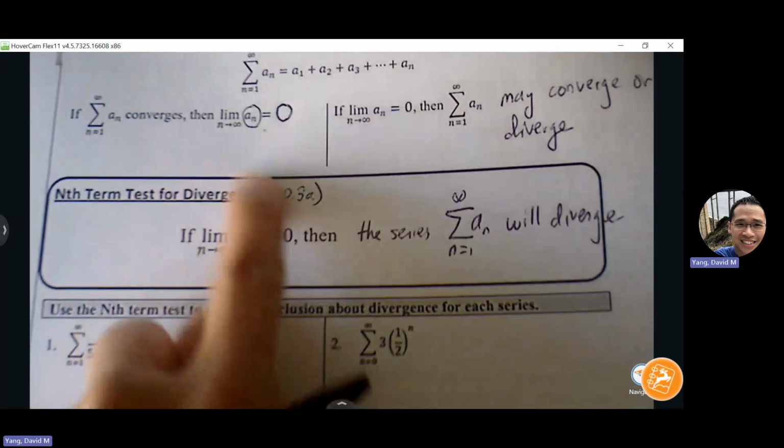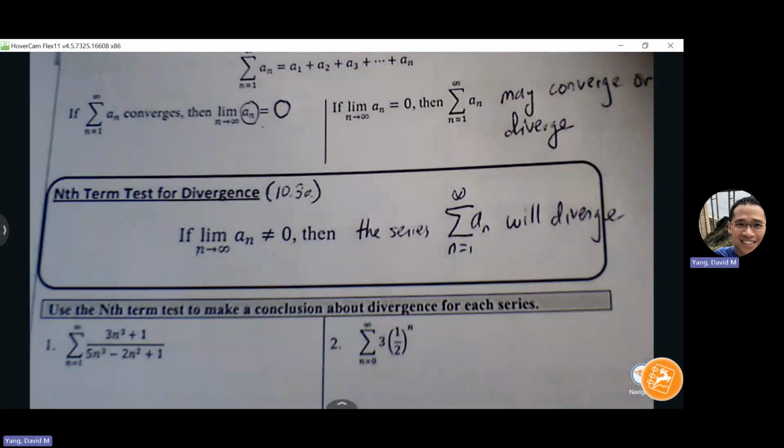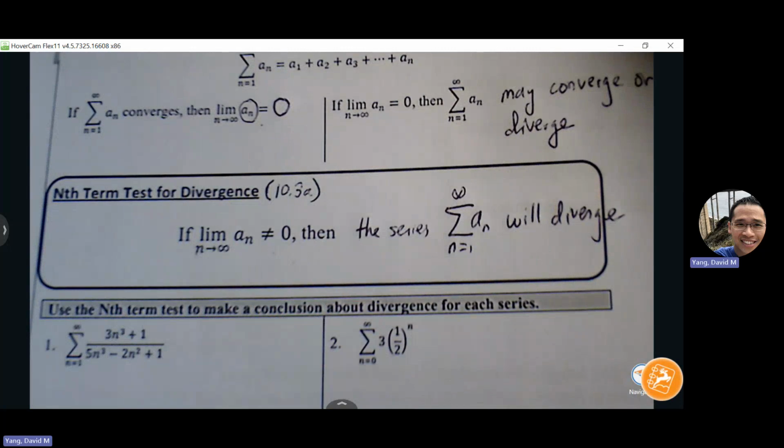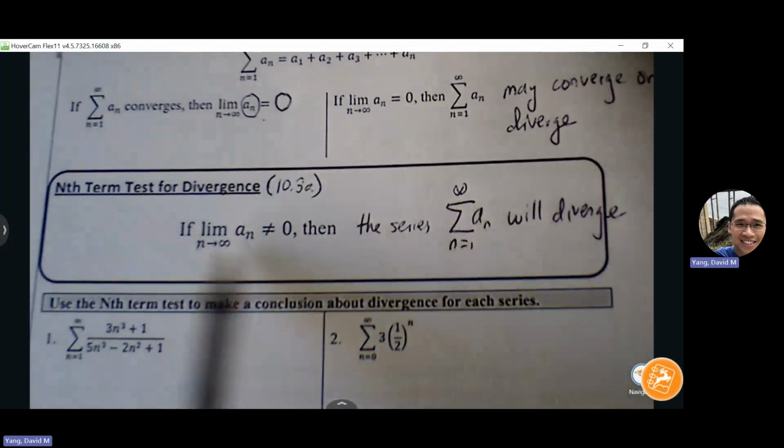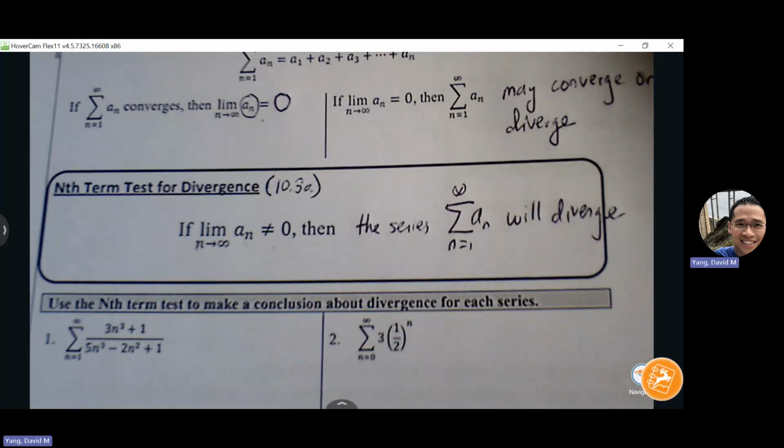So I like to have this as a first test for any problem where it's not obvious what test to use. I like to just do a quick divergence test or nth term test to get it out of the way, because that way we don't have to spend a whole lot of time on something that can be determined within 30 seconds.